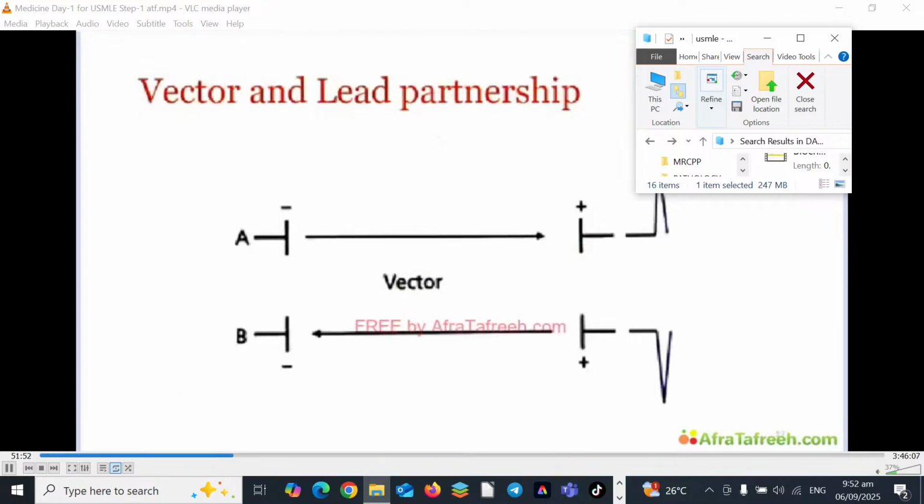When an electrode has a current going away from it, it has a negative deflection on your EKG. This can be considered money.